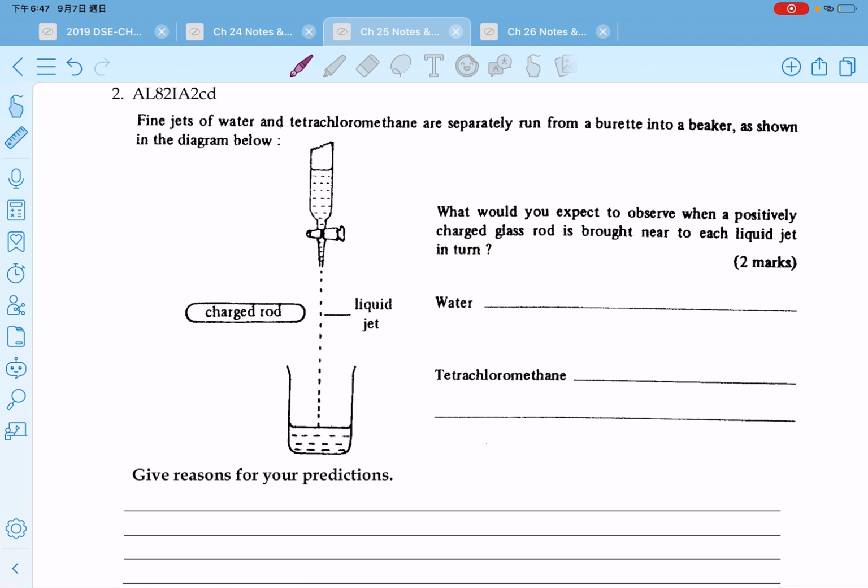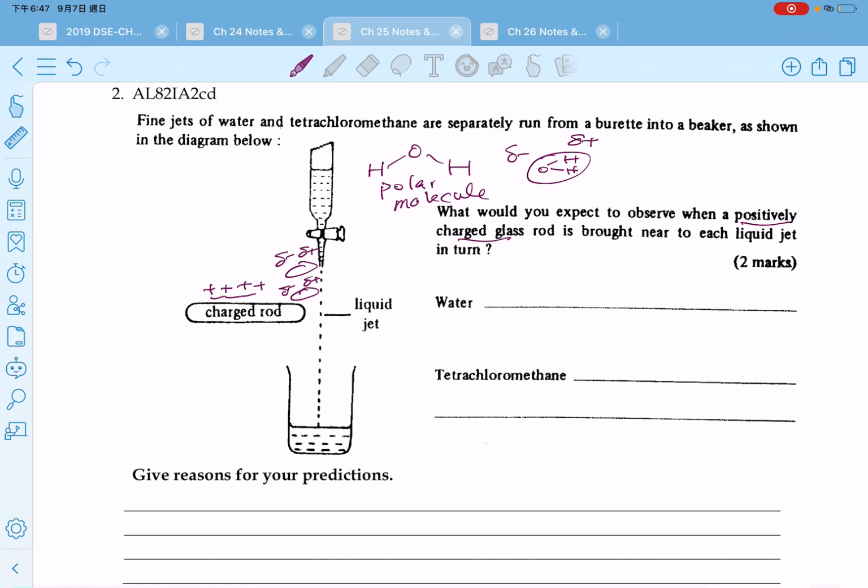If it is water, it is a polar molecule. Polar molecules means the molecule bears a delta negative and a delta positive. The delta negative part is the oxygen, while the hydrogen will be the delta positive part. If we put a positively charged glass rod here, then the delta negative part of the water will be attracted by the charged rod, which is positive.